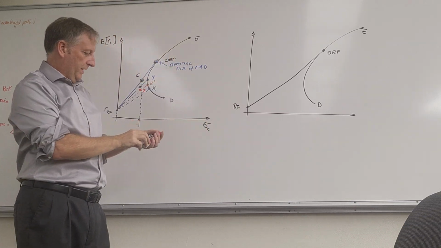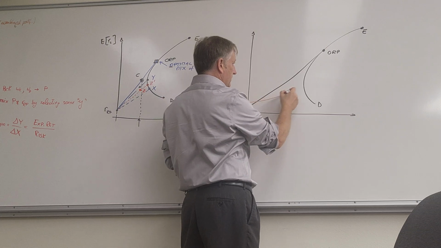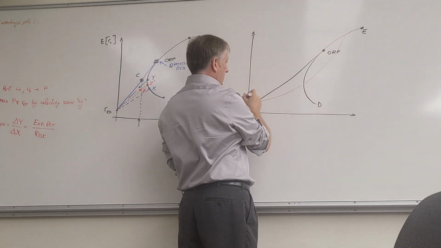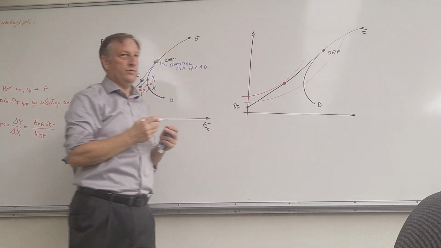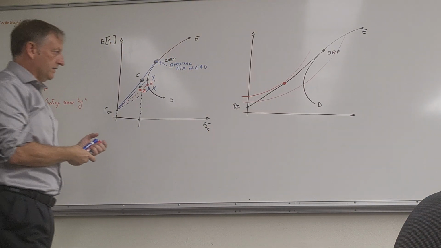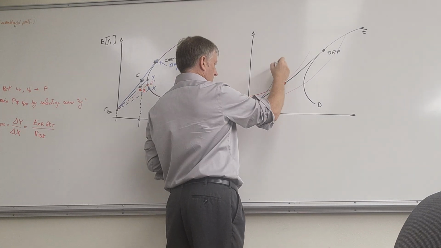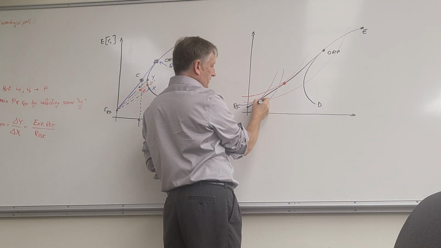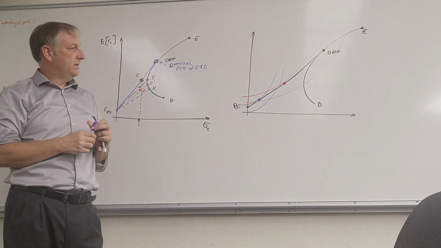So pick an investor who's very risk tolerant, and this investor will find this portfolio to be ideal. Then take an investor who's very risk averse, and this investor will find this portfolio to be ideal.